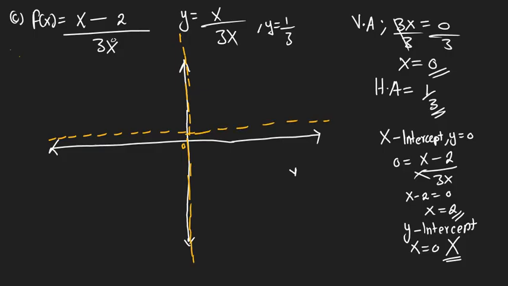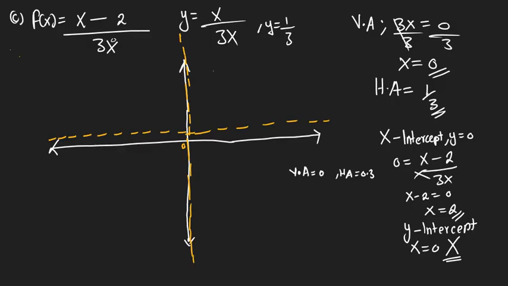That is going to be our horizontal asymptote. Okay, sorry, vertical asymptote is 0. Horizontal asymptote is 0.3.